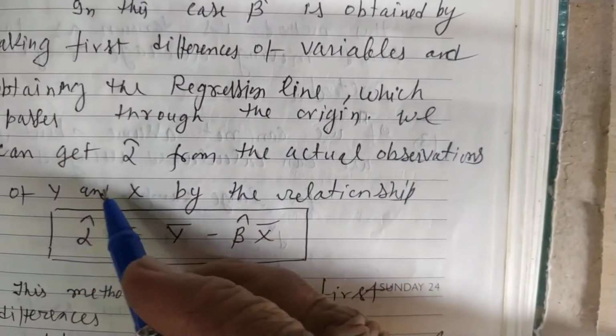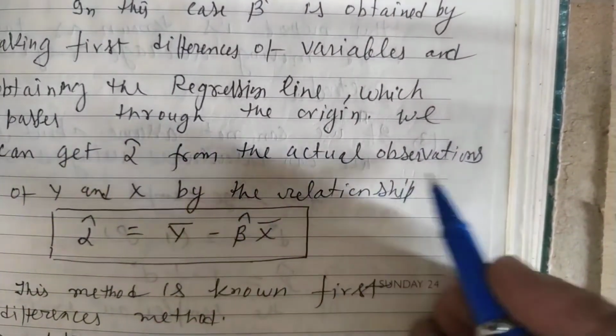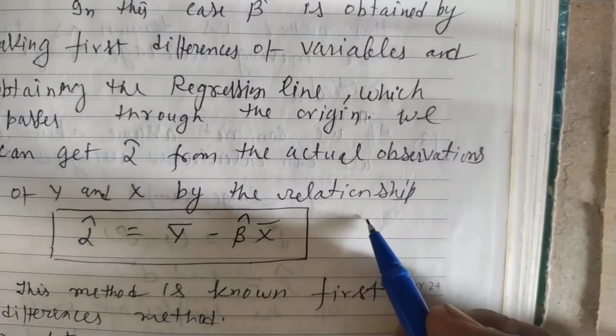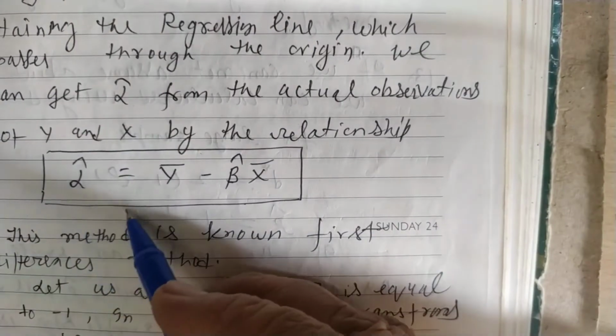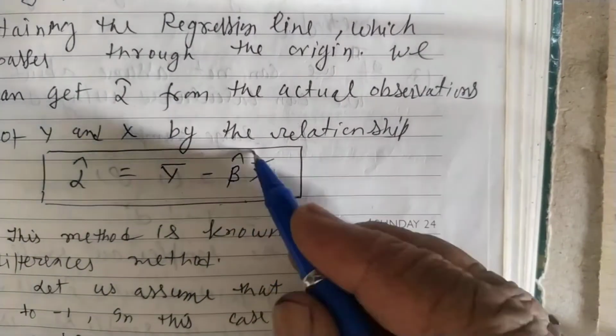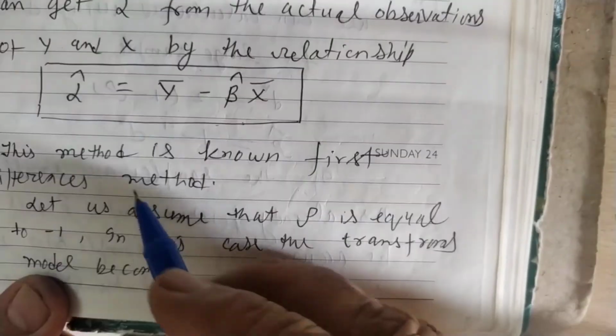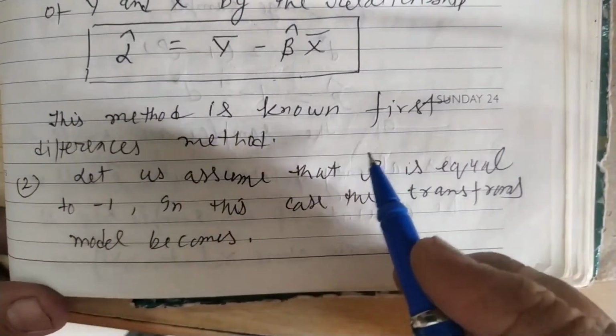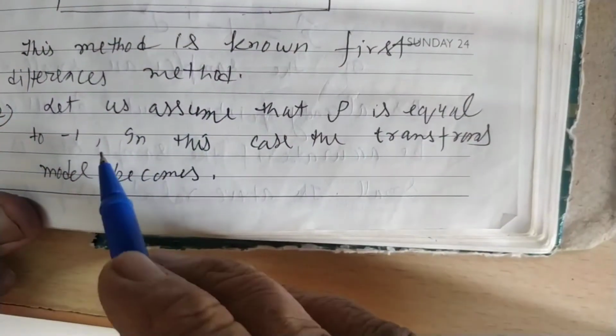We can get the estimated alpha from the actual observations of y and x by the relationship alpha hat is equal to y bar minus beta hat x bar. This method is known as the first differences method.